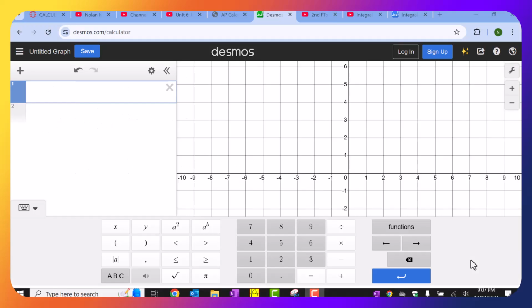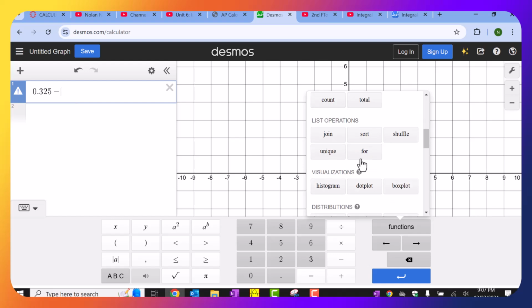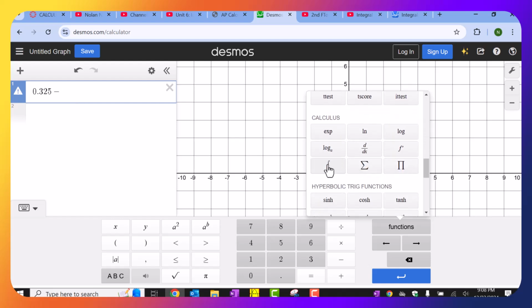Okay, I have Desmos, and I know what tool I need to do. So I'm going to end up just typing this whole thing into Desmos. 0.325 minus, to get our integral, if we go to functions, and we scroll down, it gives us our little integral symbol.